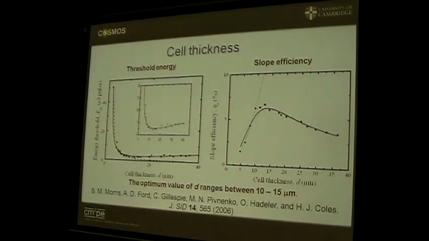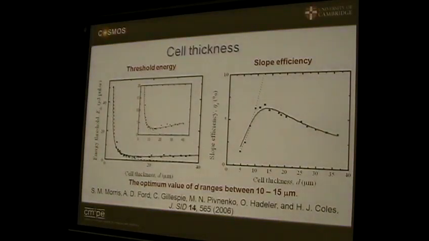Cell thickness. I said that the technology you use is more or less the same as you use to make a liquid crystal display. For a given dye concentration, you get a Beer-Lambert type absorption of the light as you go through the sample.